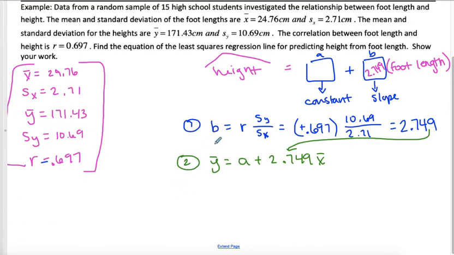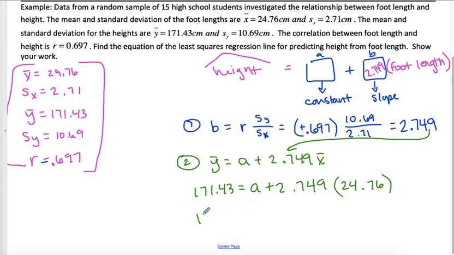If we know those pieces, we can solve for A. We know the average Y bar 171.43 equals A plus our slope 2.749 times our average for X's, 24.76. So we're going to solve that.